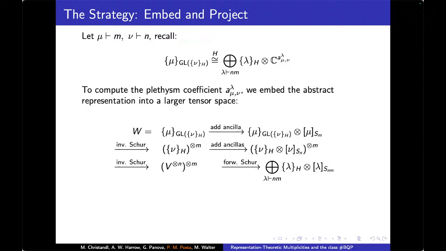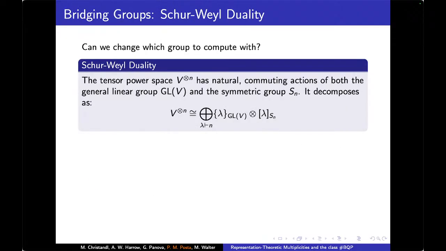So you just add another thing, and why do you do this? If you look at the Schur decomposition, this says that a sector in here looks like something times something that has the same label. The quantum Schur transform is a unitary map from something that looks like this to something that looks like that.